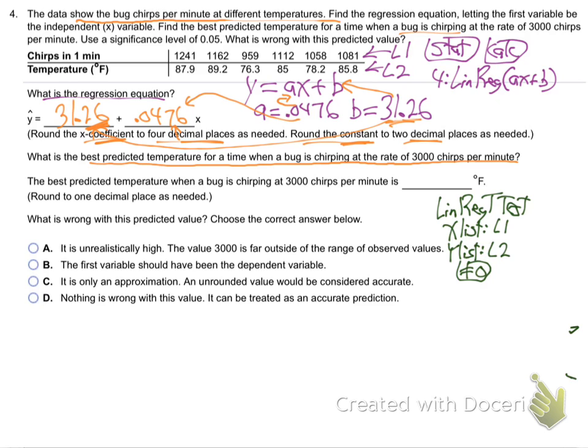And remember what we're actually testing when we do this, the null hypothesis and the alternative. The null is always that r equals 0 and there's no linear relationship. And H1, the alternative, is r does not equal 0, and there is a linear relationship.